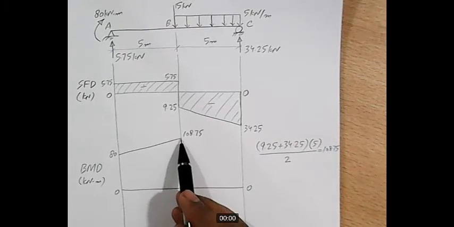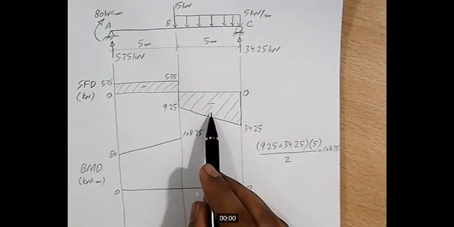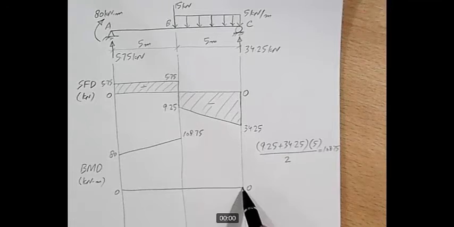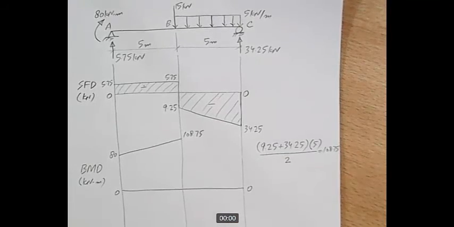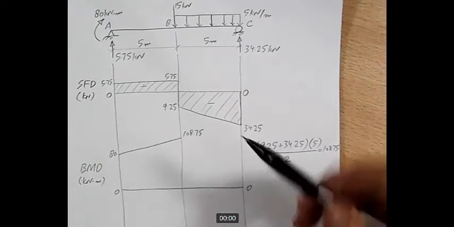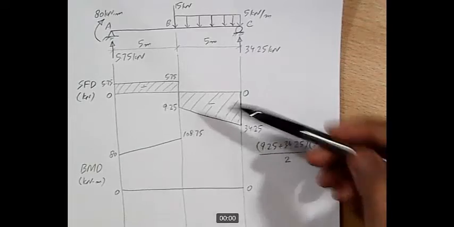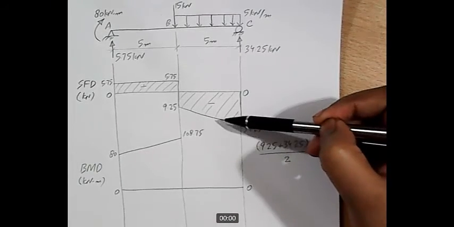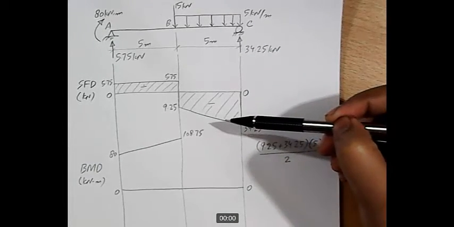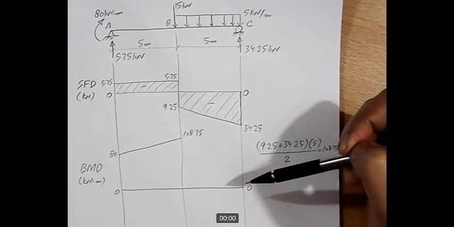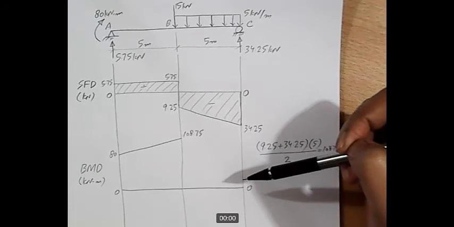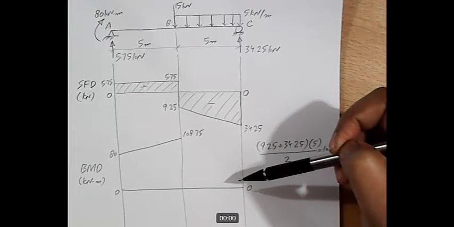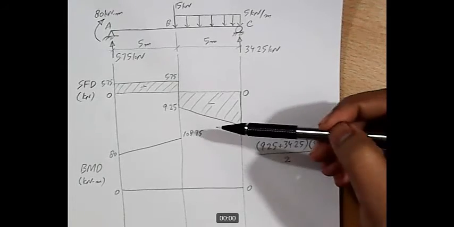So from this 108.75, when we subtract this area, we will reach 0, which indicates that the diagram is closing. And in this case, the shear force diagram is first degree, so the bending moment diagram will be second degree, and we have to see what the slope of the bending moment diagram should be as we move from left to right.